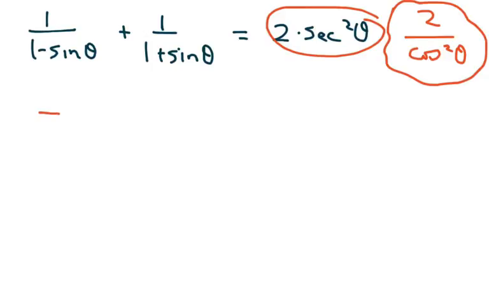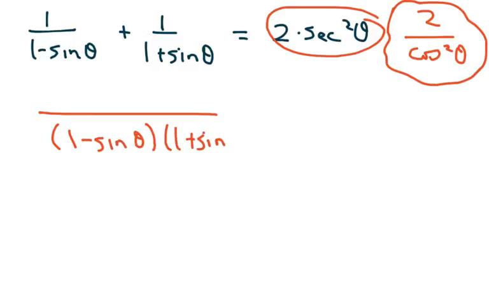So I'm going to go ahead and my common denominator is going to be 1 minus sine of theta times 1 plus sine of theta. Then I'm just going to cross multiply here. So that's just going to be 1 plus sine of theta plus 1 minus sine of theta.